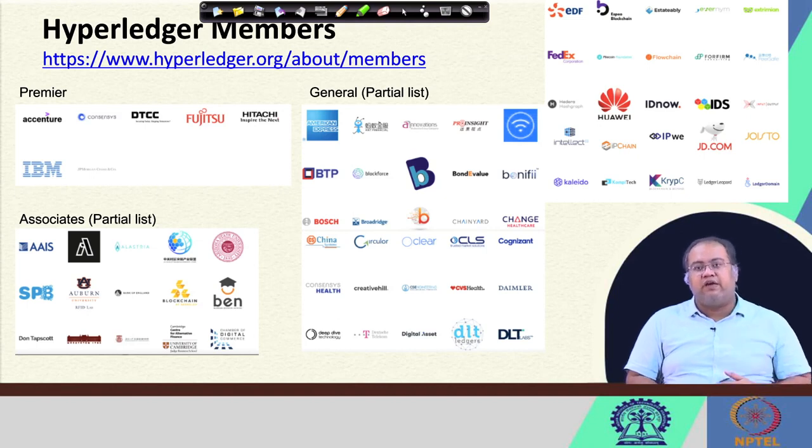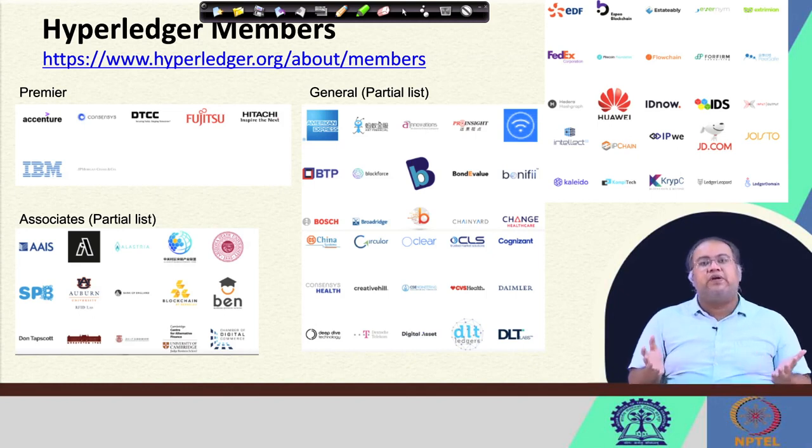You have already seen in the video that representatives from tech giants like Microsoft, Accenture, Intel have shared their view on Hyperledger, and at the same time there are financial institutes like Sberbank that have expressed their view on why you should use Hyperledger.